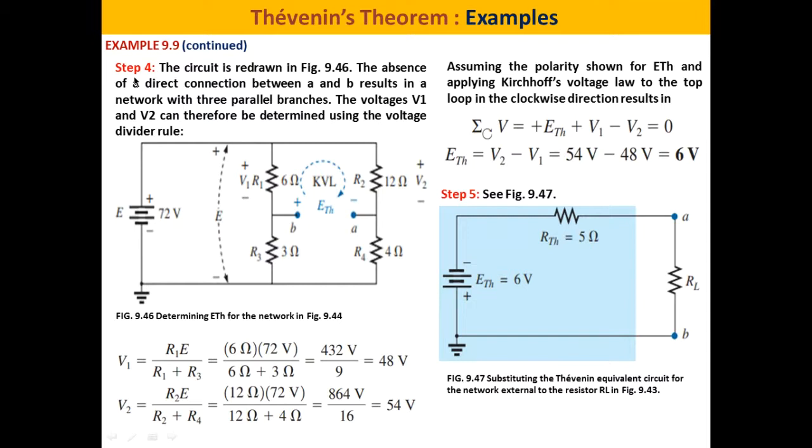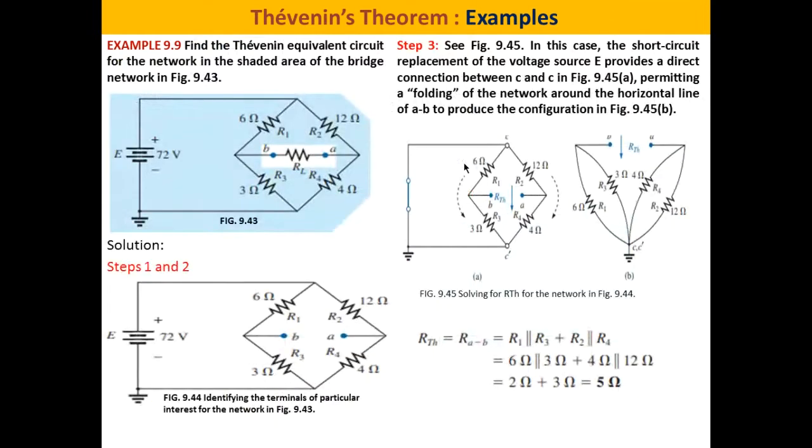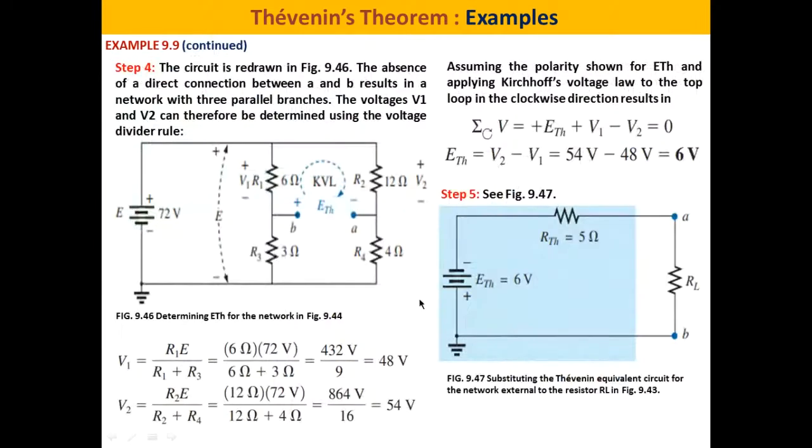So after completing step 4, we have E Thevenin of 6 volts and also R Thevenin of 5 ohms. So we can replace all this portion of the circuit by its Thevenin equivalent circuit. As you can see here, for E Thevenin the positive terminal is at B and the negative terminal is at A, because we found the result positive.